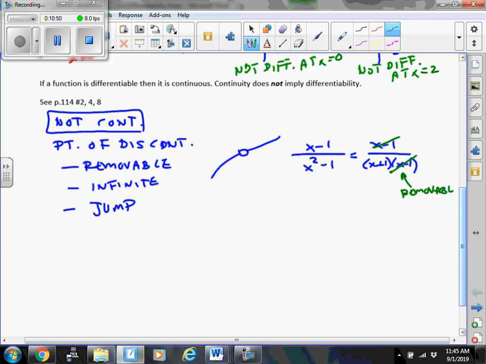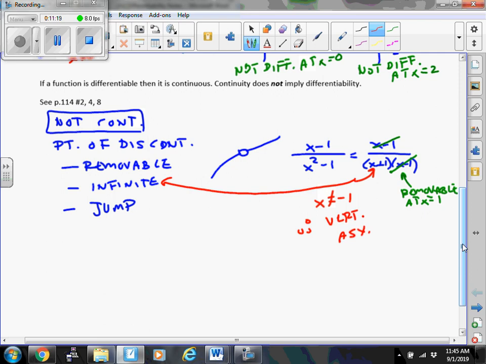If it's not continuous, it's not differentiable. This other one here, it is in the denominator. That's going to imply an infinite point of discontinuity because it's a vertical asymptote. X cannot equal -1. Therefore, it's a vertical asymptote. If it has a vertical asymptote, it's not continuous, which implies it cannot be differentiable.